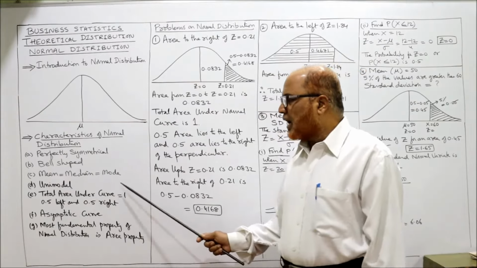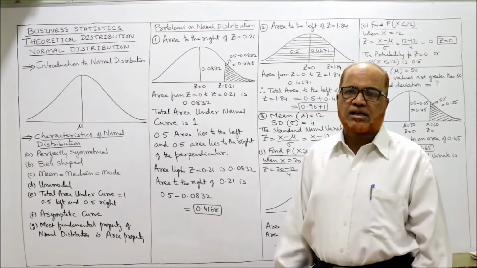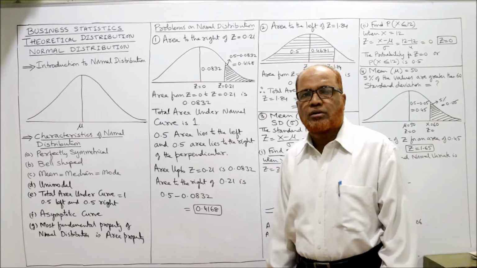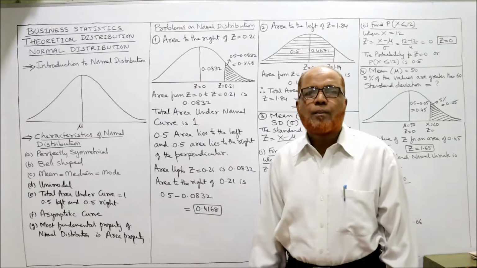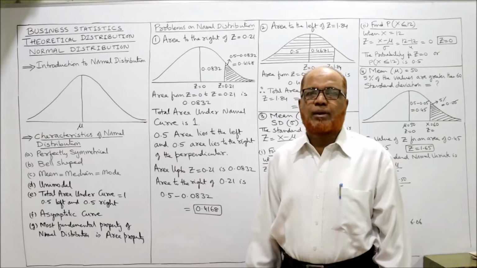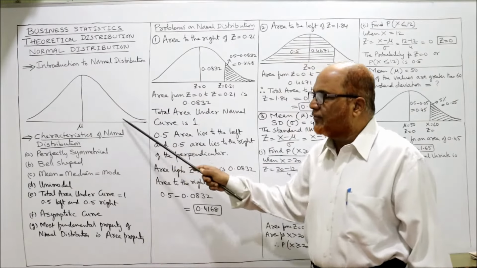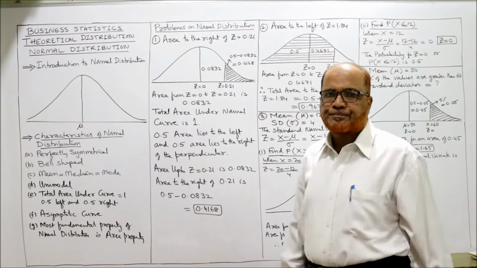Then the total area under the curve is 1. 0.5 area on the left side, 0.5 area on the right side. This is the most important property of normal distribution. By using this area property, we can find out the probability of any variable. So the total area under this normal curve is 1, and the probability is also 1.